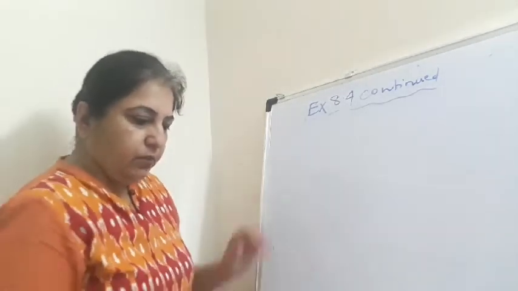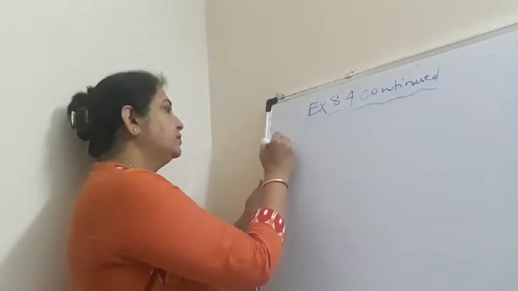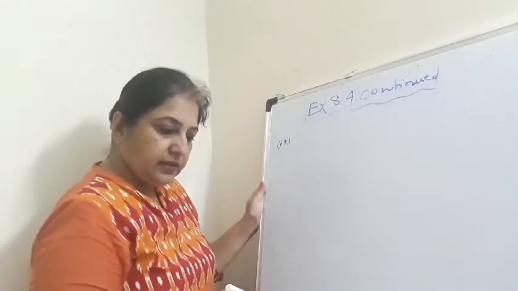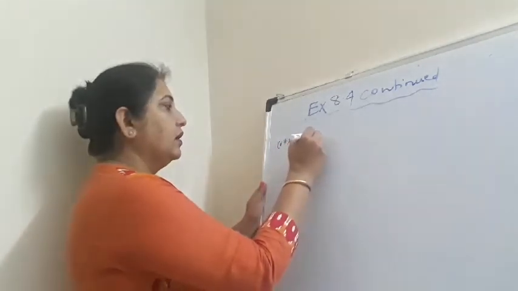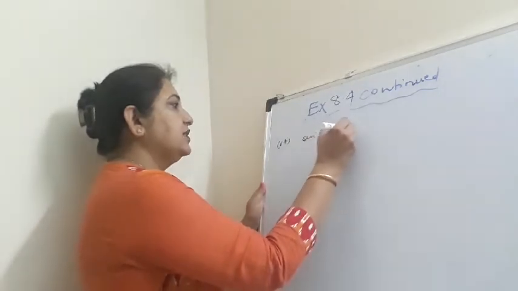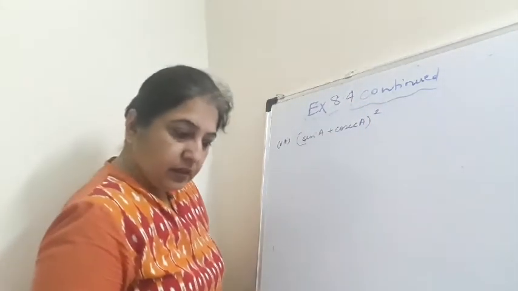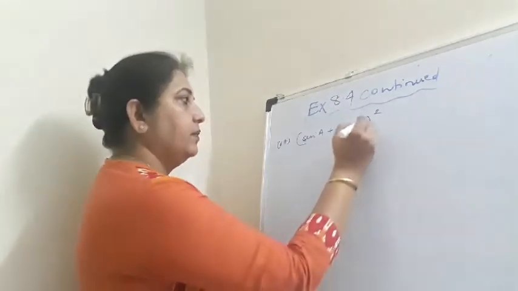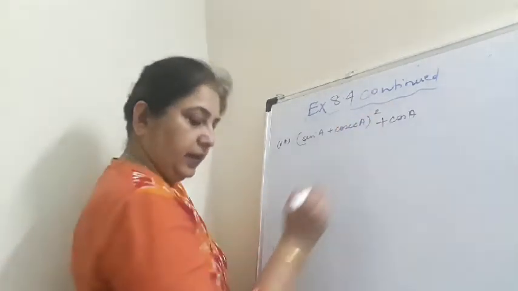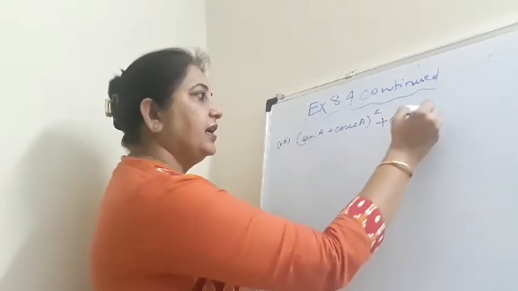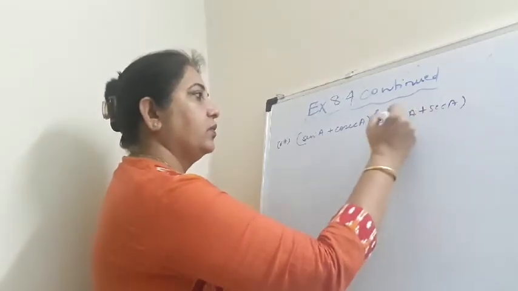So I'll take up one more, that is the 8th one, and quickly I'll complete this. Sin A plus cosec A the whole square, then plus cos A plus sec A the whole square.